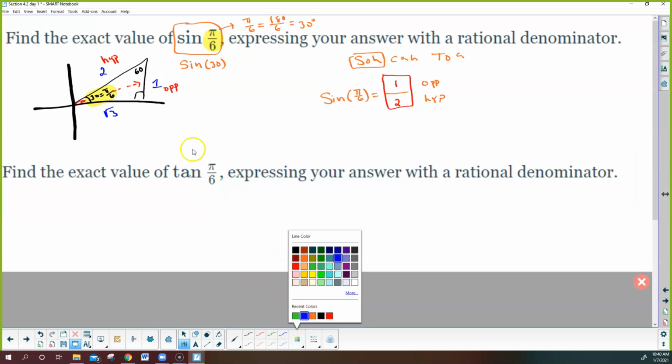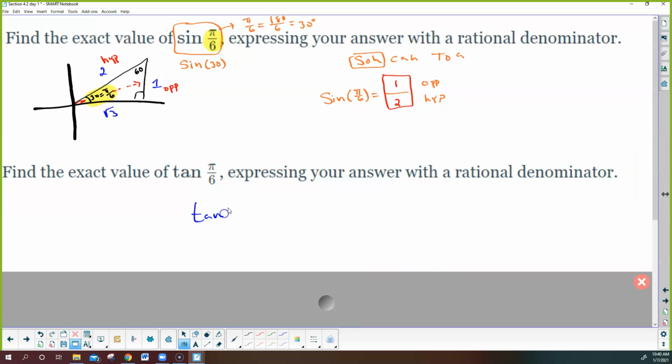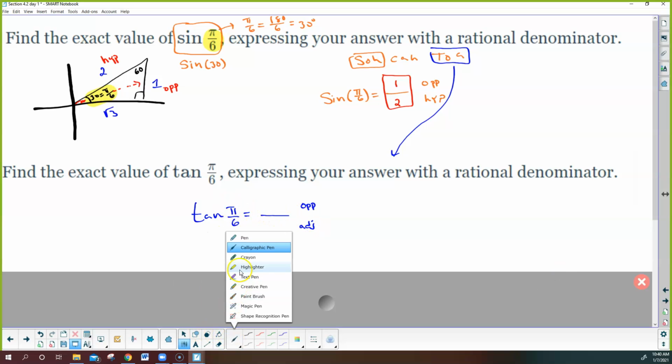Now here's the nice thing. Once you do one of these problems, and we only have 5 minutes left, so I'm going to do this quick. I don't know if you want to write this, but now they tell me to do tangent of pi over 6. Wait a minute. Tangent is the TOA. That's the opposite over adjacent, but I'm still looking at that exact same reference angle. So why draw a whole new picture when I have everything right here?